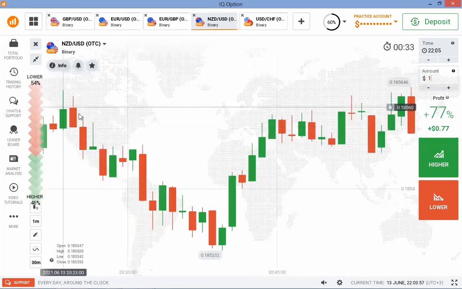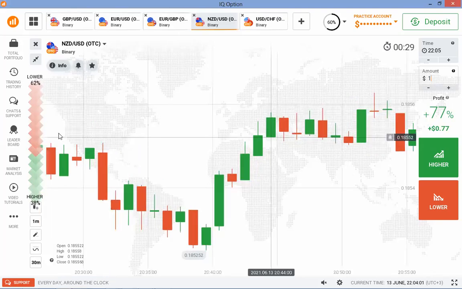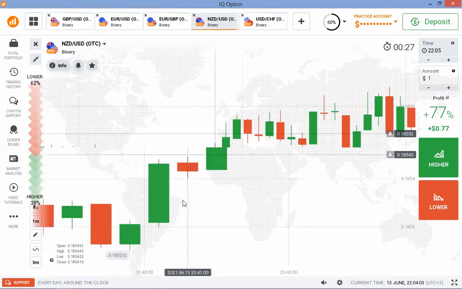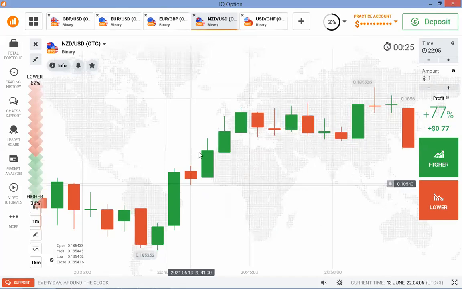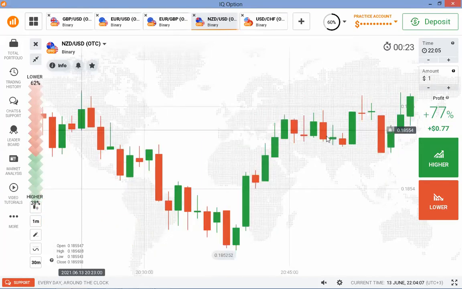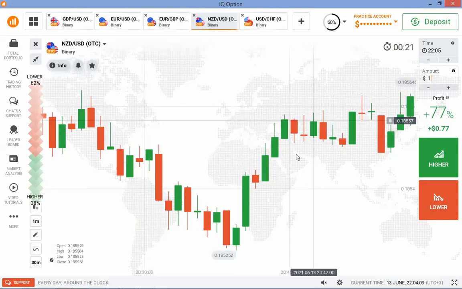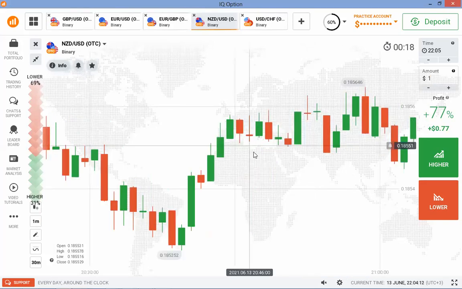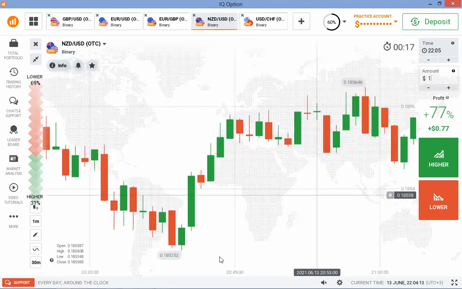Then you see where the market stops at this zone here. Within this momentum, we can only see one bearish candle until the buyers stop at this area, before we start seeing some sellers' entries try to push the price down.